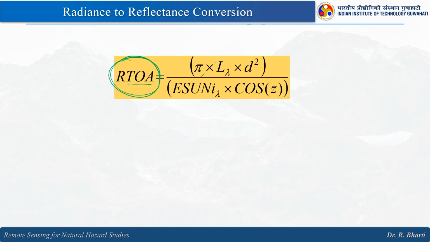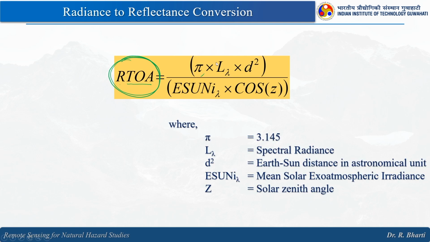So, here we are using pi L lambda d square, where d is the earth sun distance in astronomical unit, ESUNI, that is mean solar exo-atmospheric irradiance. Remember, I told you that we are going to use the irradiance measured in space, right. Then Z is the solar zenith angle.